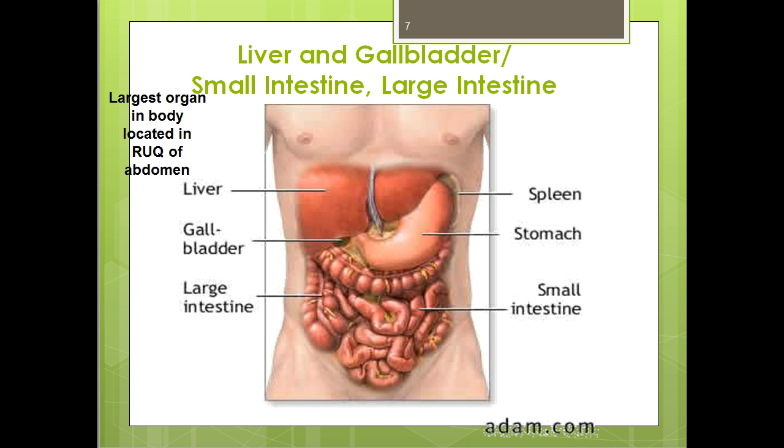Also, the small intestine has three main functions: movement, digestion, and absorption. The large intestine serves in movement, absorption, and elimination.